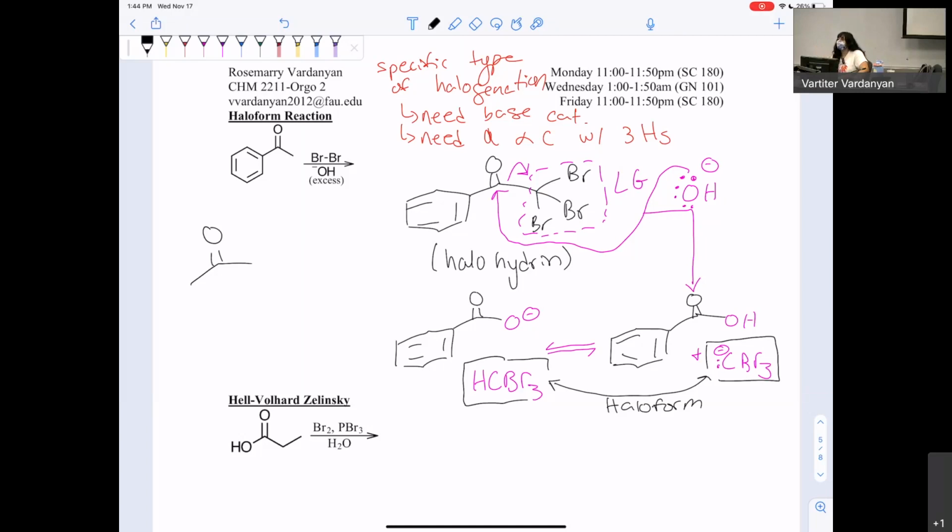I haven't seen that come up on the final. On the final, he always puts excess, but on the practice final, I've seen him put specifically 1 mole, and you know you're only going to add 1 bromine. But if it doesn't say excess and it doesn't say 1 mole, you can assume that you do it multiple times.